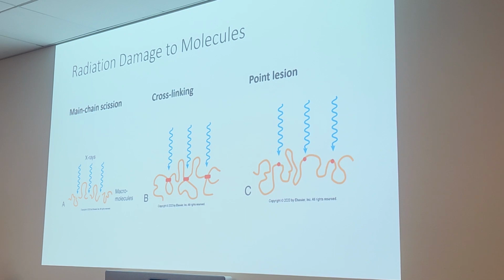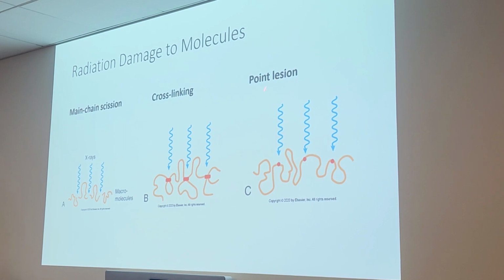And so that kind of brings us back to this picture, all the way back from second semester, PRE1. So main chain scission, this is going to be our double strand breaks. Cross-linking, right? We had our intra and our inter, so this is either between the same strand or between different strands of the DNA.